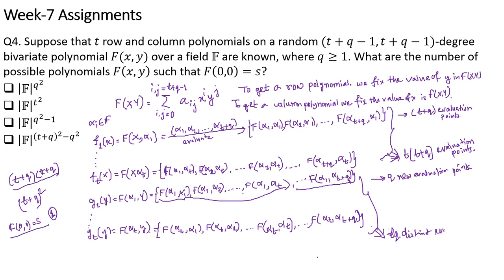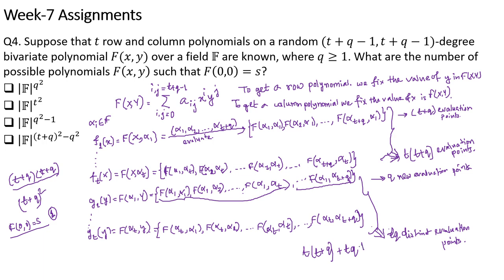Distinct. So from row and column polynomials we get this many evaluations of the bivariate polynomial at these many distinct points, plus we also have the point 0 comma 0.